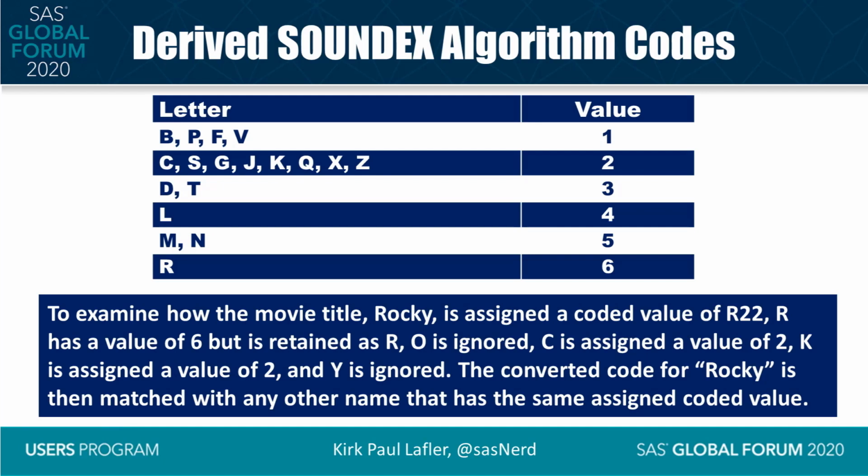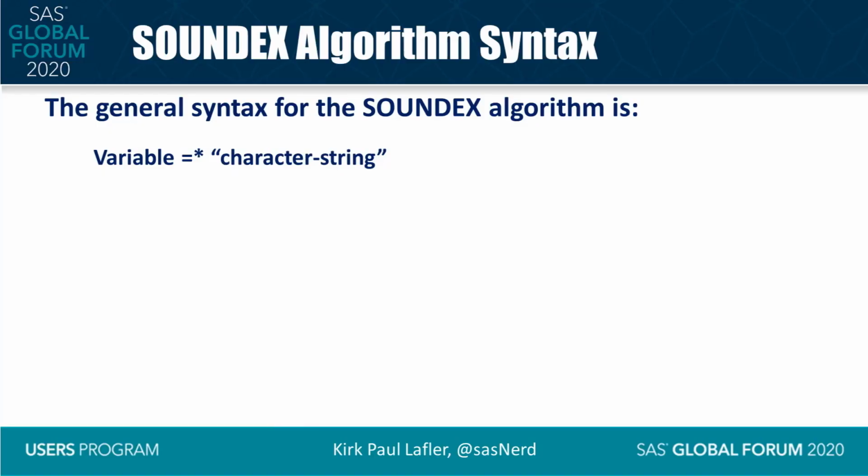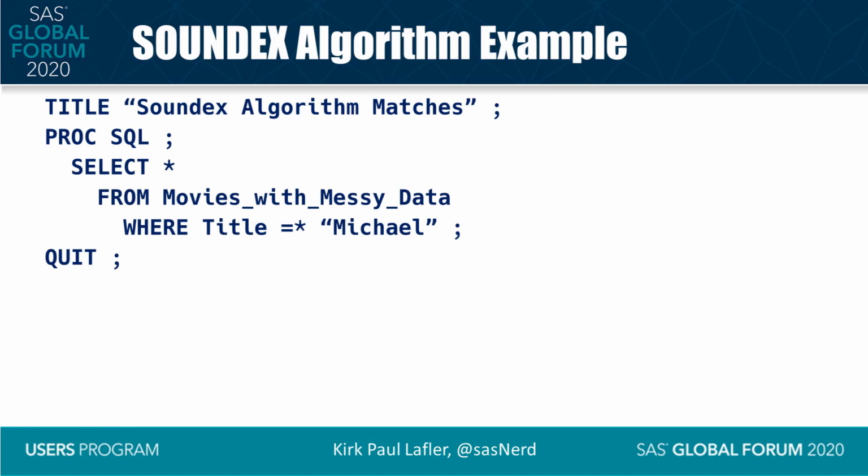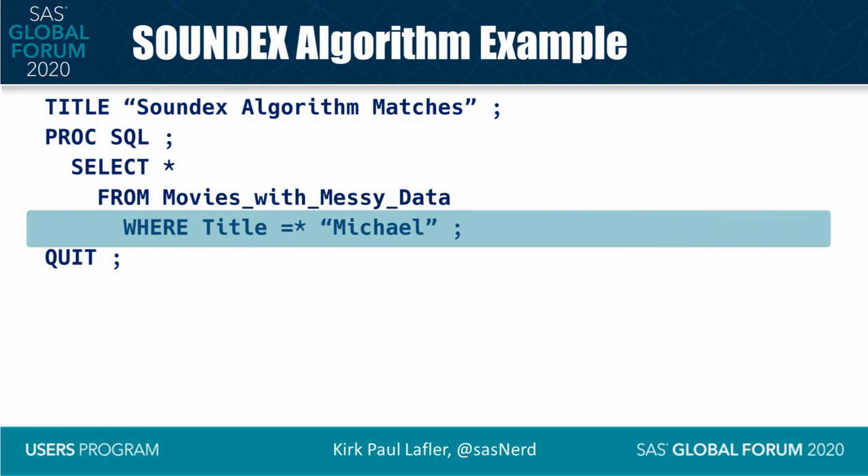The general syntax is variable equals SOUNDEX, some value. Looking at this example, we see an SQL query with a where clause that says title equals asterisk, which represents sounds like, Michael, in quotes, a character string.